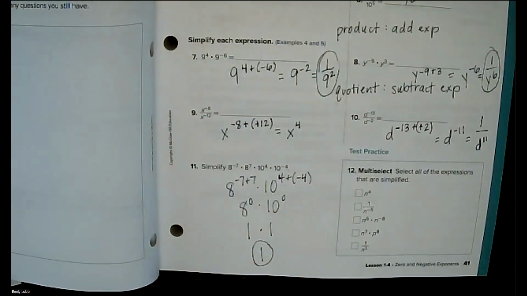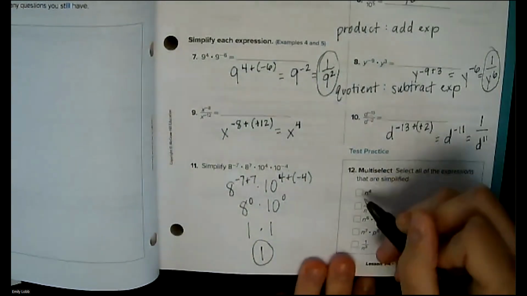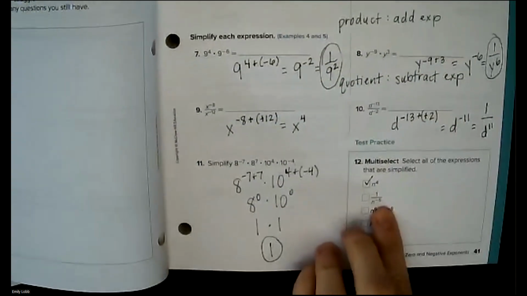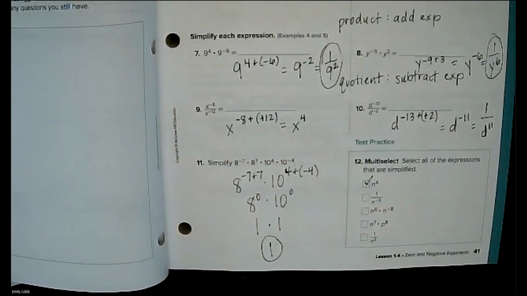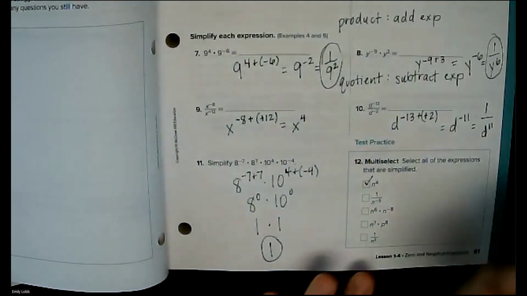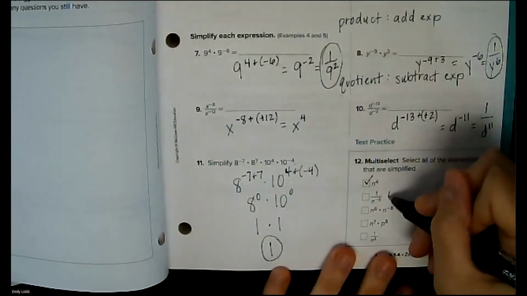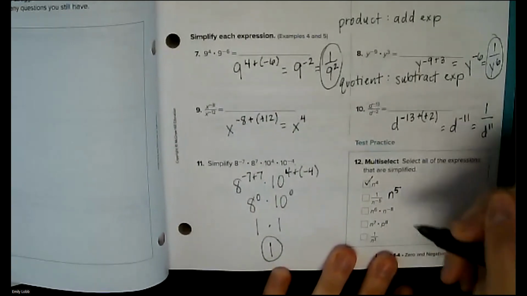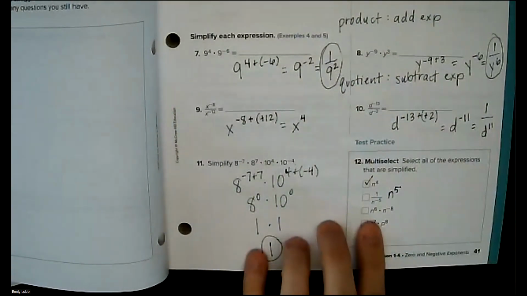All right, so select all of the expressions that are simplified. N to the 4th. It's positive and it's in its simplest form. 1 over n to the negative 5th. How would we simplify this? We need a positive exponent, so we would move it from the bottom to the top to make it positive. So that one's not simplified.